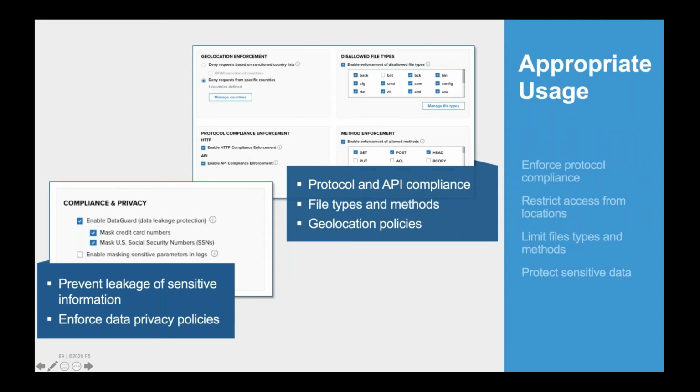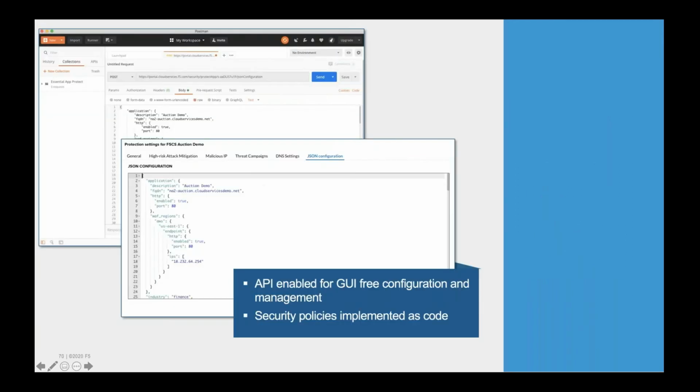We can use different compliance and geolocation enforcements that we know today from the WAF, but in this case it's just via one click and everything is configured: we can enforce protocol compliance, geolocation enforcements, file limitations, and so on.